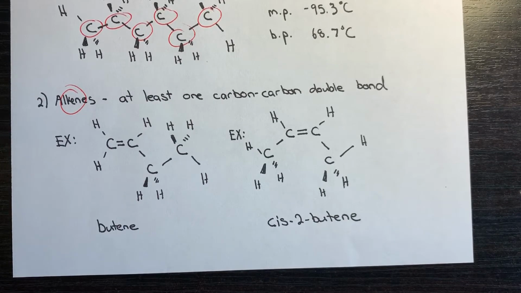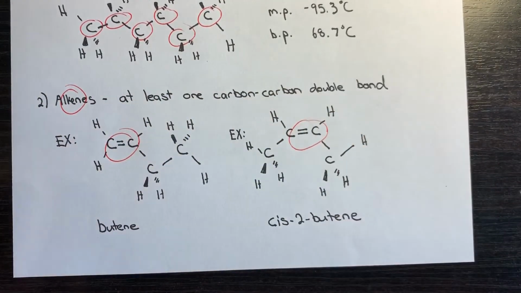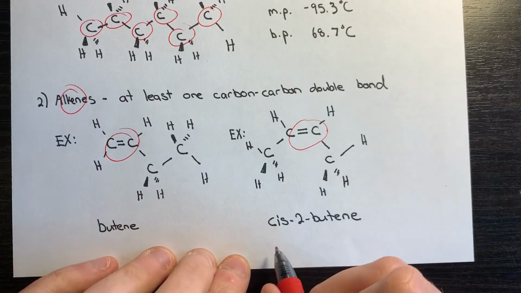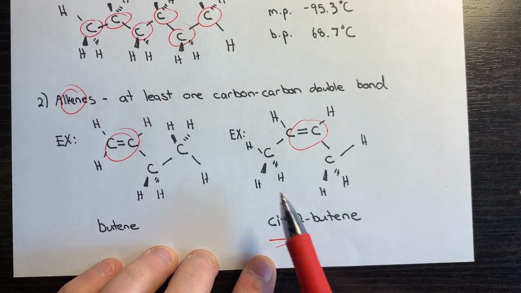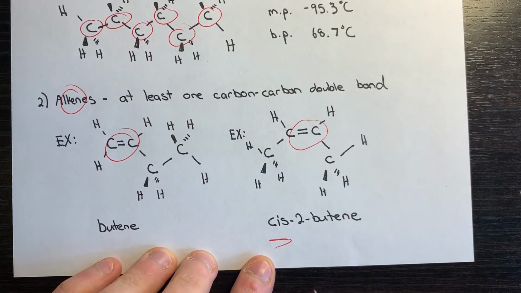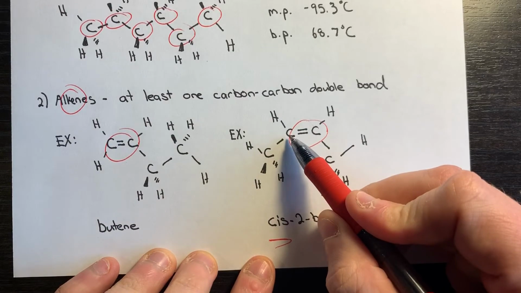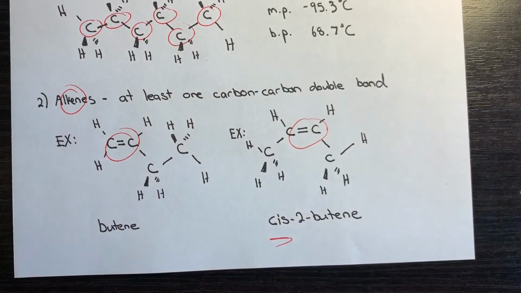And we're not going to go over the reactivity, but this carbon-carbon double bond here confers special reactivity to these molecules. You might recall things like a cis or a trans designation, which really just expresses the orientation of the groups on the carbons that actually make up the double bond. We won't go into that quite yet, or in this video, I should say, as part of our quick review.